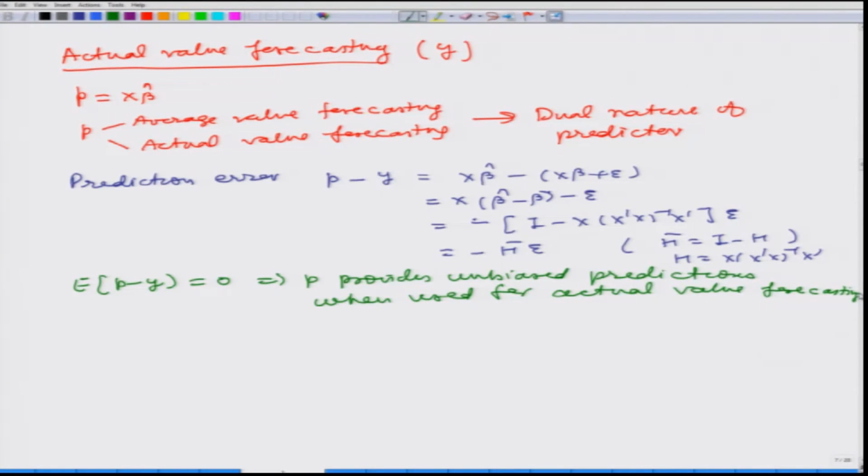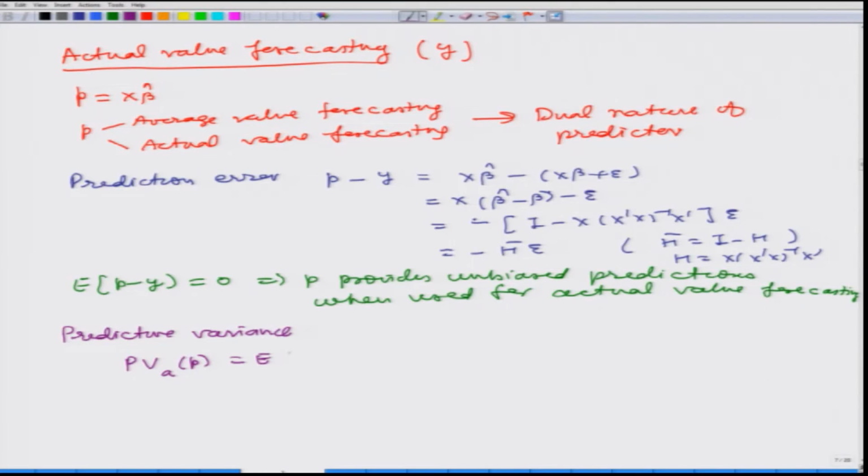Okay. And next we try to find out the predictive variance. Predictive variance in this case, let us write as A, where A means actual.